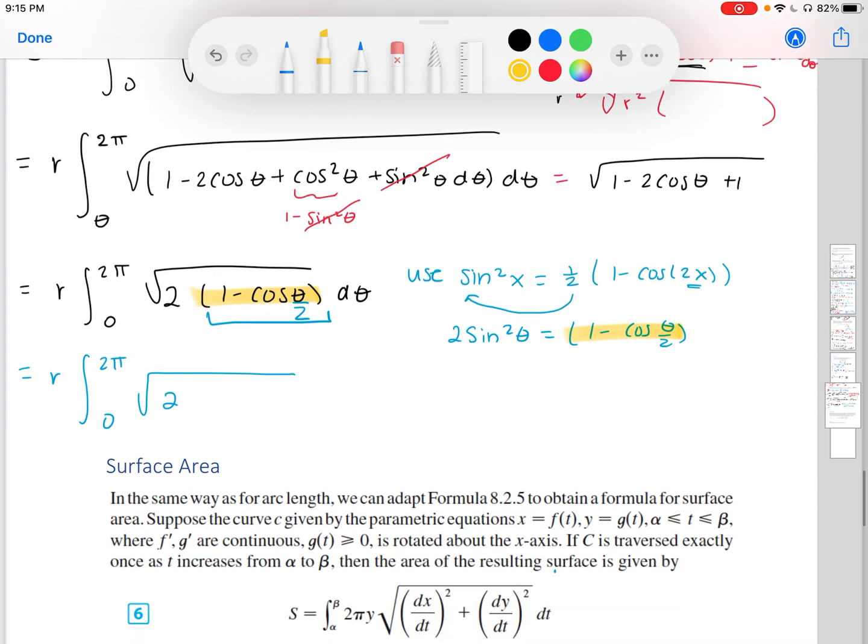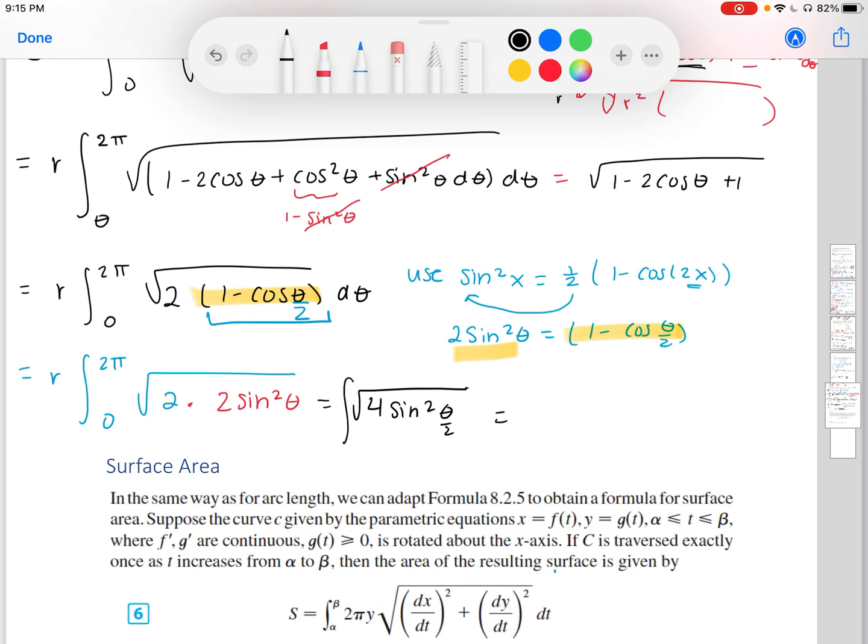So that's going to be times 2 sine squared theta. And usually we don't want the square because that creates a problem when integrating. But once we're under a radical, it's actually pretty helpful. So we're left with 4 sine squared of theta over 2.